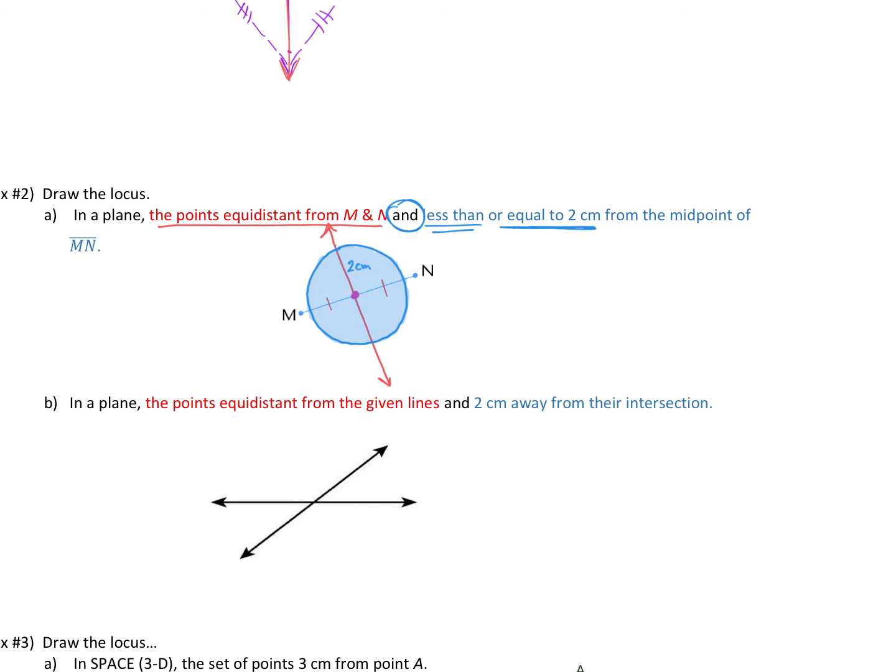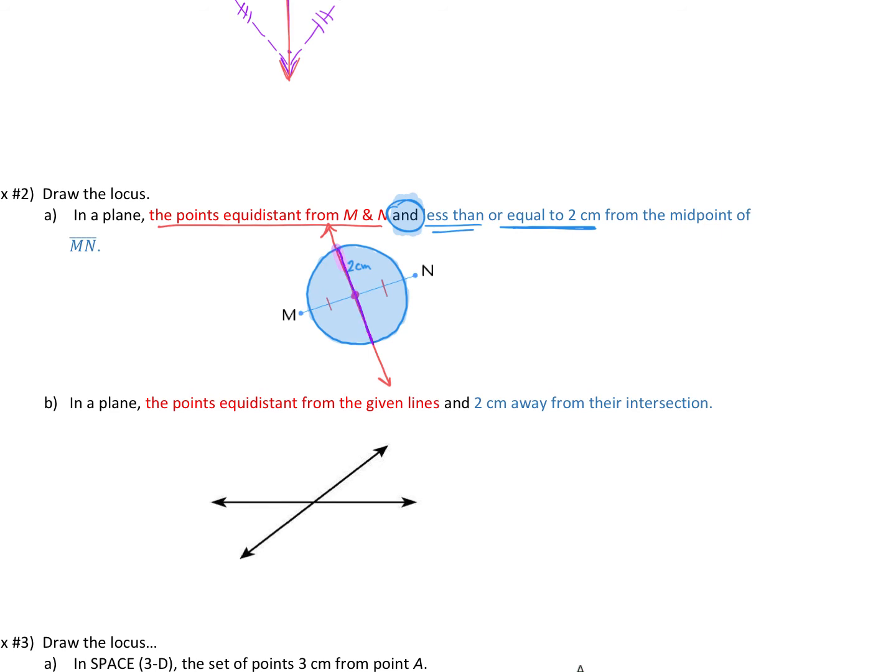Now because of this word and, we have to meet both of those requirements. Do you see where your locus truly is? The red line where it overlaps the blue, right? Not the whole thing, but it would be this.